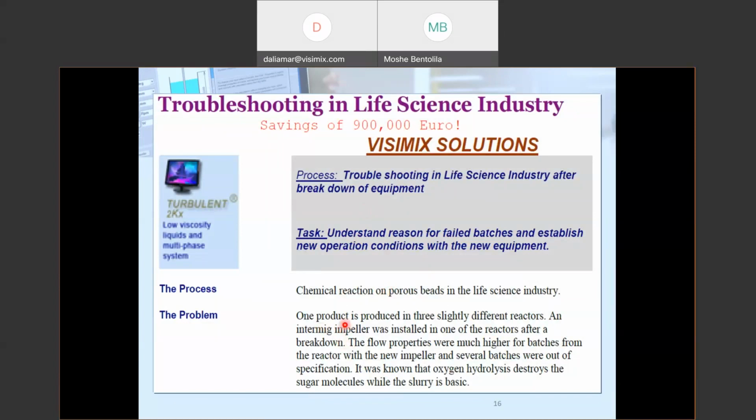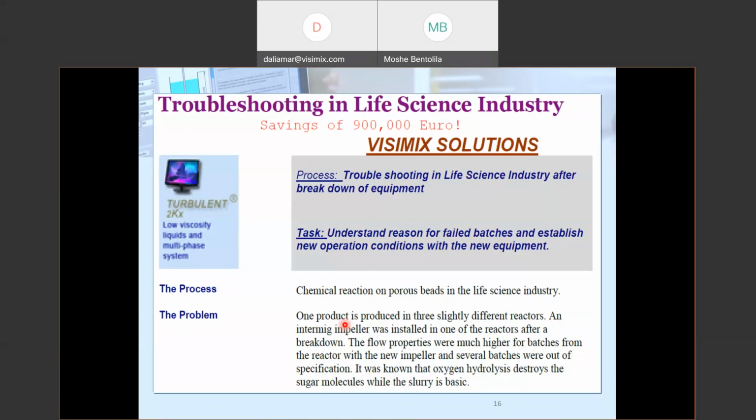They had a problem. One of the pieces of equipment was broken, was not working well, and they wanted to replace the old one. When they changed the equipment, the results started to be not so good. They thought, okay, we will do some fine tuning and we will find the solution. You know, how much different can the mixing be?